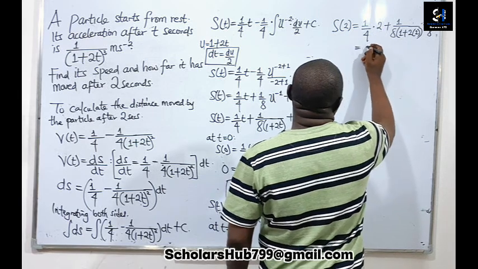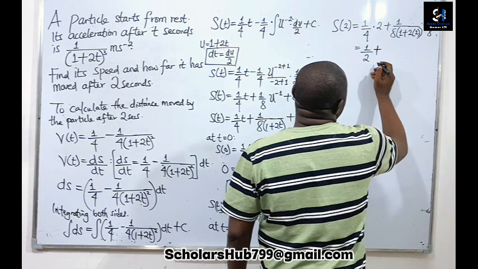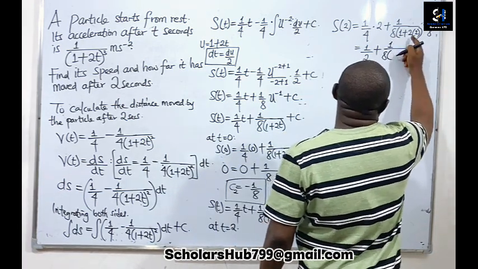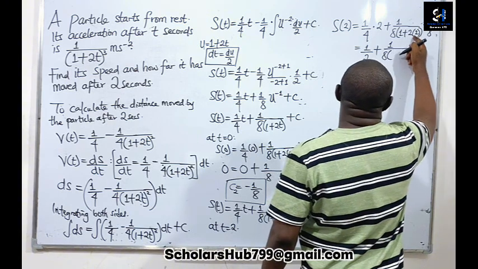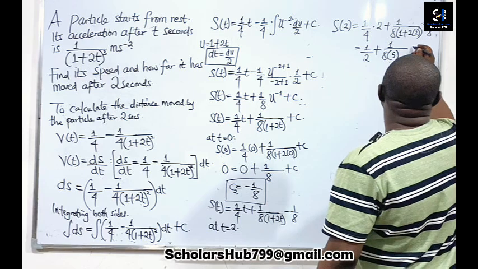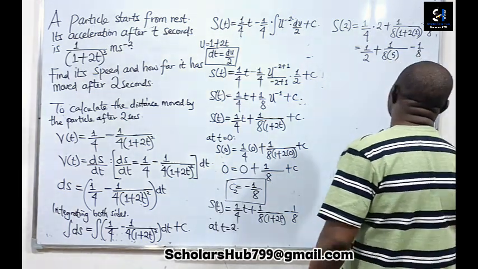So this would be 1/2, plus 1/8 times 5, since 2 times 2 is 4, 4 plus 1 is 5. This would be minus 1/8.